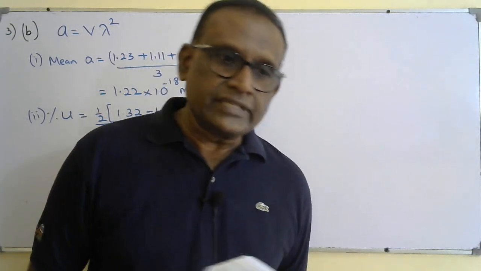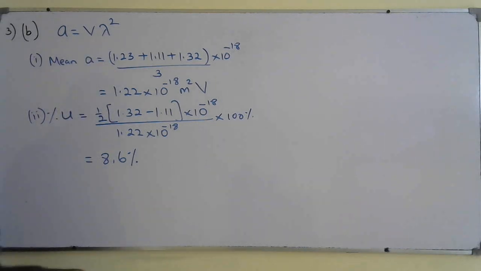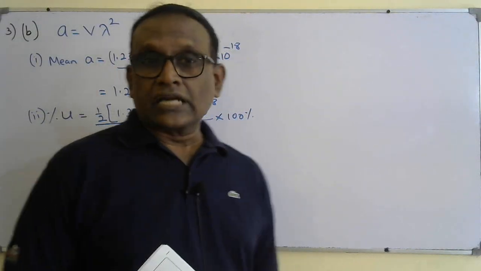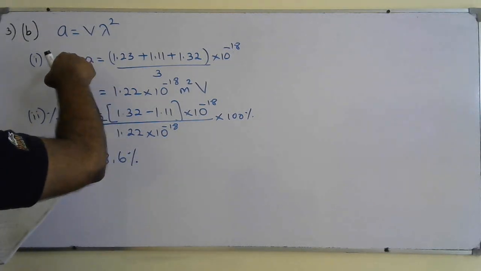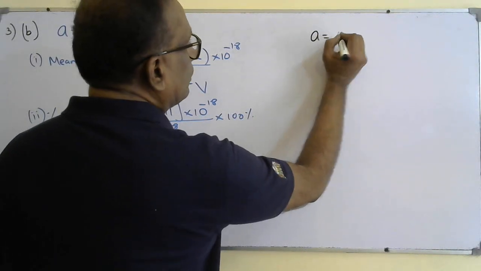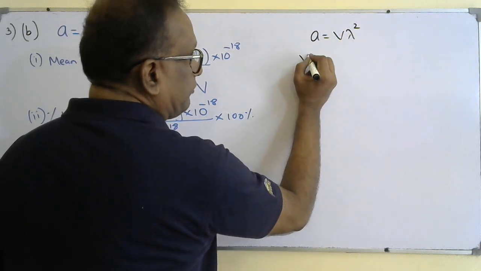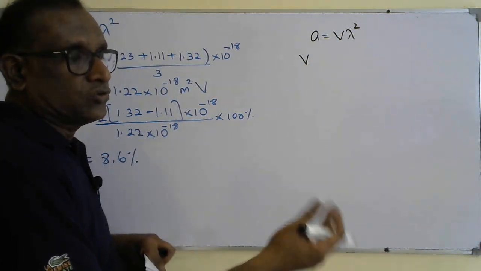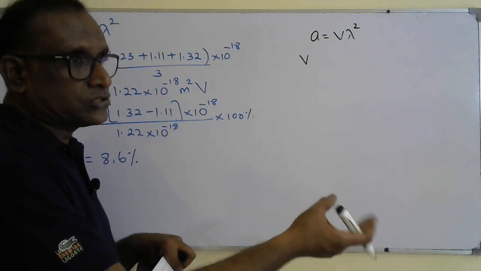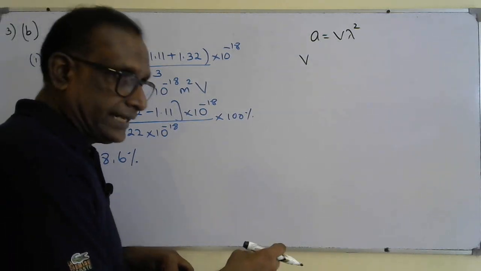Here they can also ask why the graph of V against 1 over lambda squared is a straight line. They are not asking, but they can ask. You know A equals V lambda squared, so we can rearrange it. Whatever is said first is on the y-axis, so V is the subject and should be on the y-axis.